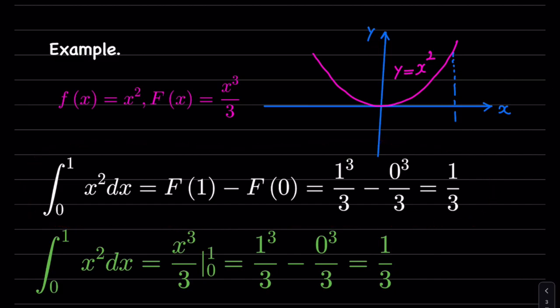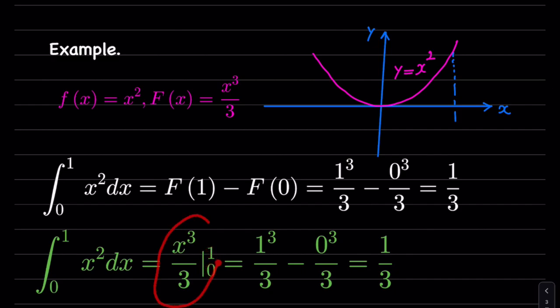There's another way to write down these computations. The standard notation is that if you want to compute this definite integral, you find the antiderivative for x squared, which is x cubed divided by 3. And then you draw this straight line, and you write the lower bound here and the upper bound there.